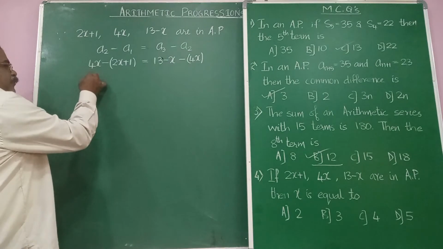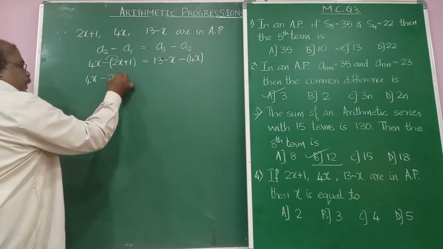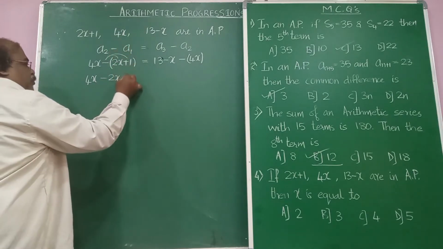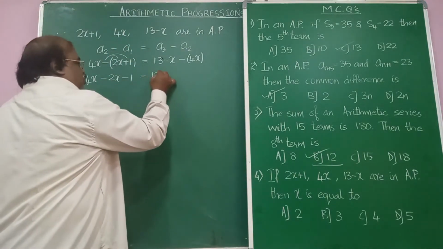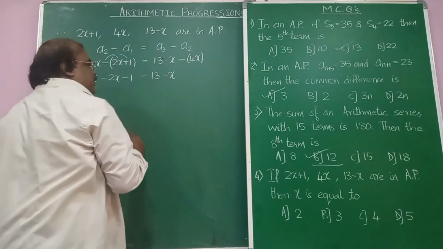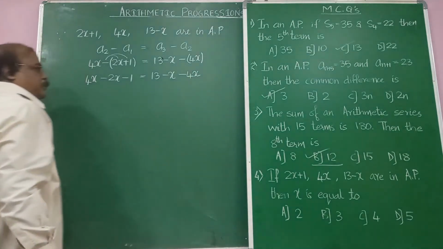So I get 4x minus 2x minus 1 is equal to 13 minus x minus 4x.